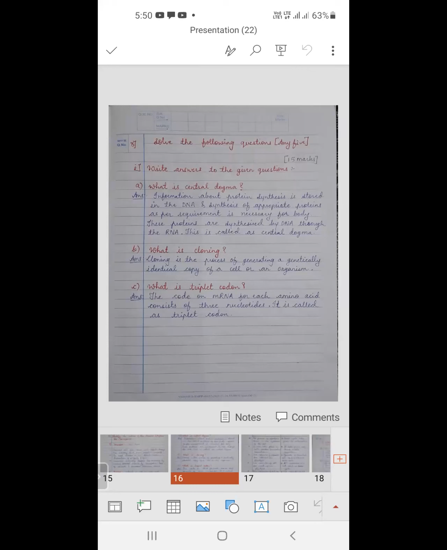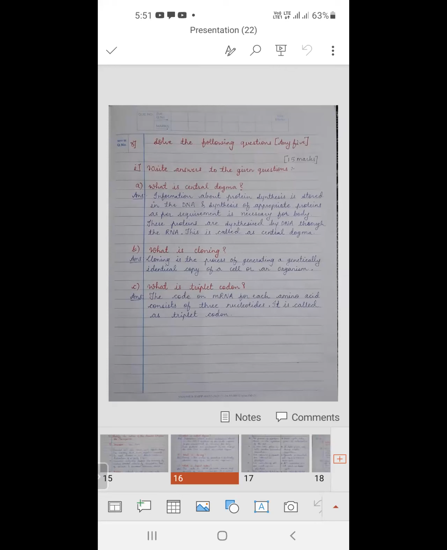So for that question you have to write this much answer. Information about protein synthesis is stored in the DNA, and synthesis of appropriate proteins as per requirement is necessary for the body. So these proteins are synthesized by DNA through the RNA, and this is called the central dogma.